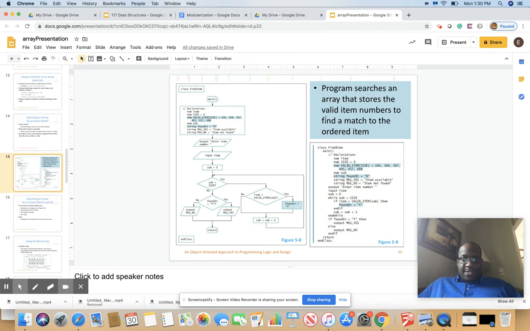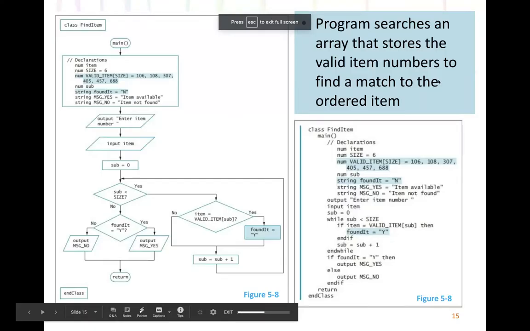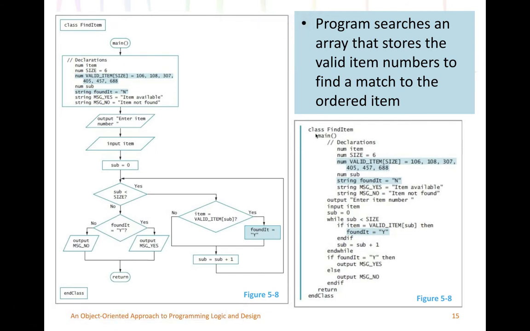Now I want you to pay close attention to this pseudocode. This pseudocode is going to search an array that stores the valid item numbers to find the match to the ordered item.